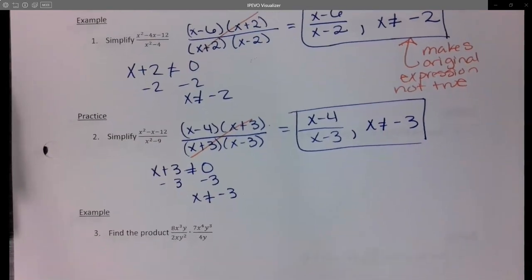Okay. So number 3 is finding the product. When I multiply two expressions together, I multiply straight across.